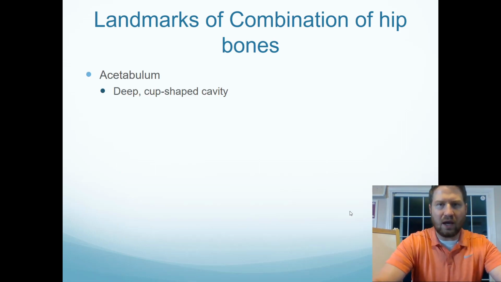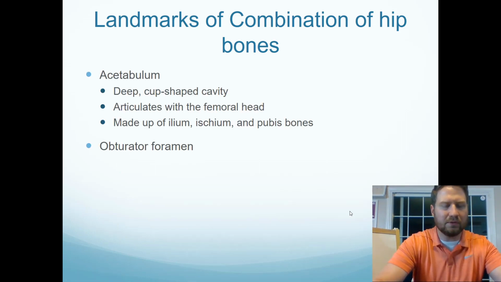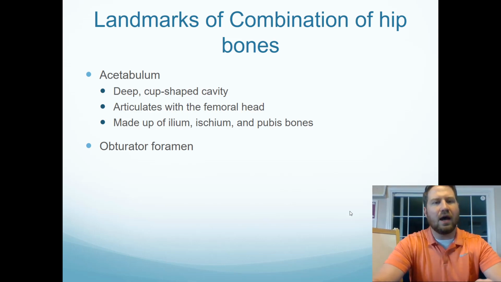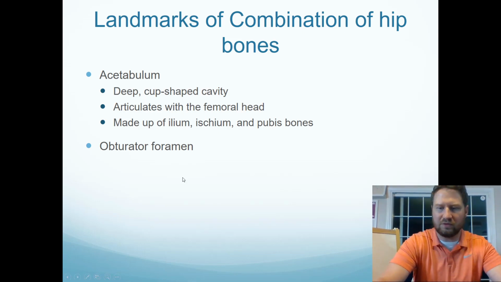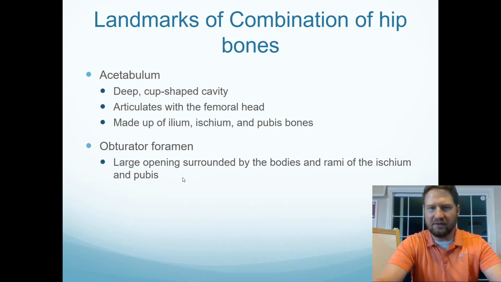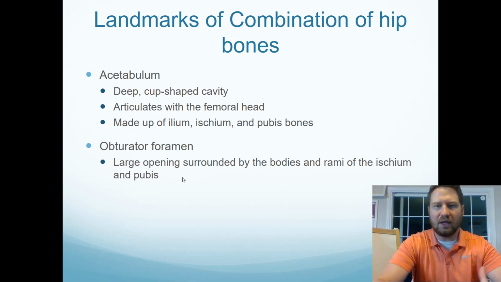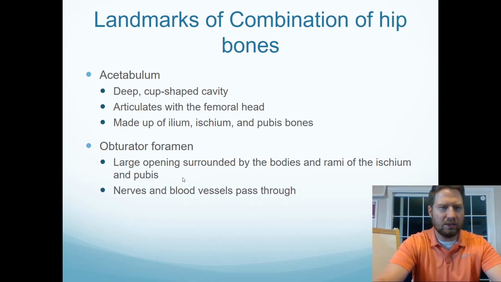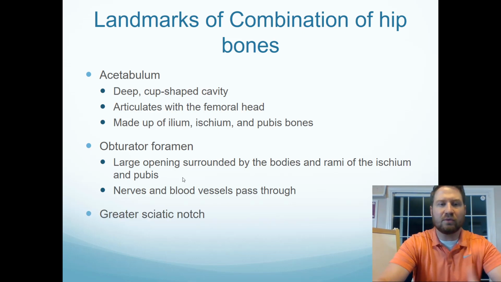So the combination of our hip bones forms the acetabulum. We talked about how deep it is, how it articulates with the femoral head, and how it's made up of all 3 of our hip bones. The hip bone also has our obturator foramen, our large opening surrounded by the bodies of the ramus and the ischium and pubis. Nerves and blood vessels pass through there.